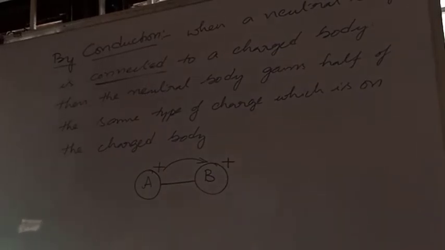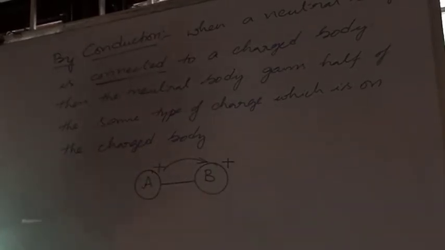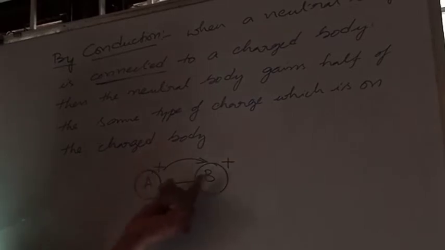Okay, how much amount of charge will be transferred to B is half of the amount of charge. The charge which is present on the first body is shared by these two bodies.